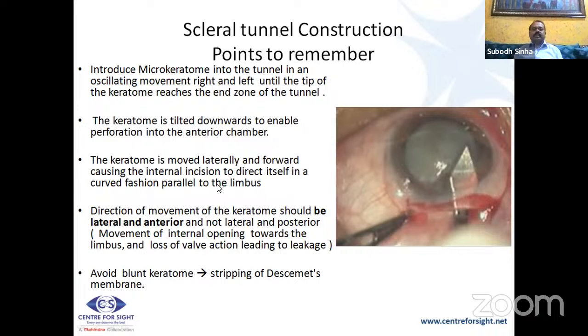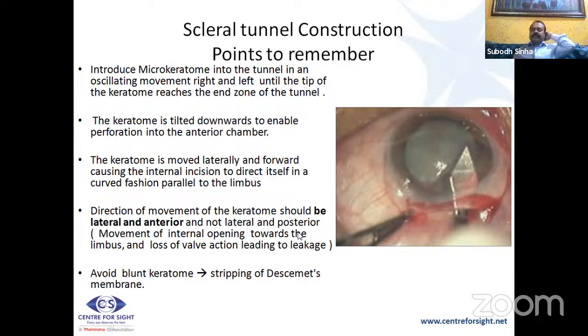Once you have entered into the anterior chamber, then your blade should be parallel to the iris, and then you start making the internal opening on both sides. You are cutting the internal opening on both sides.